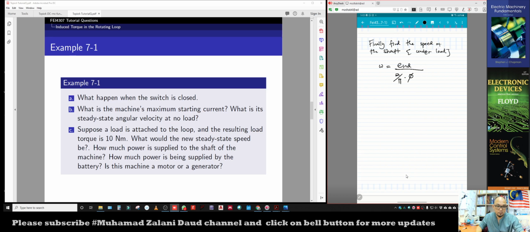From E in equals 2 over pi phi omega, we can rearrange this equation to omega equals E in divided by 2 over pi phi. Then we can substitute phi as BA.